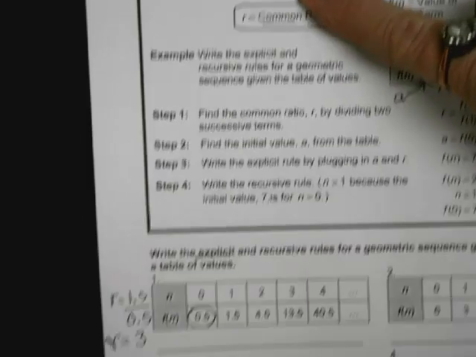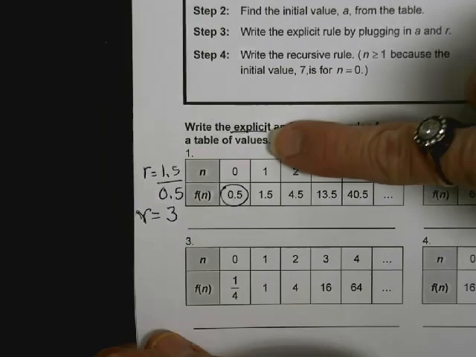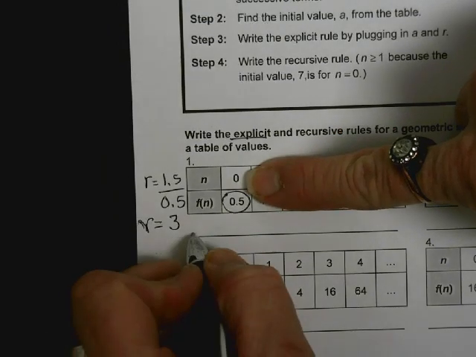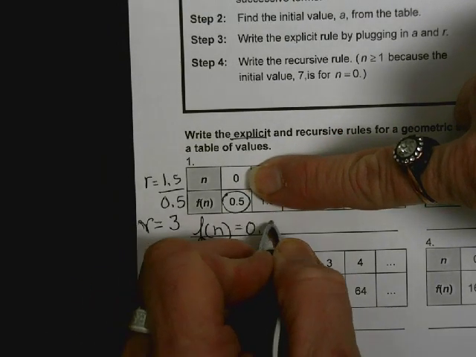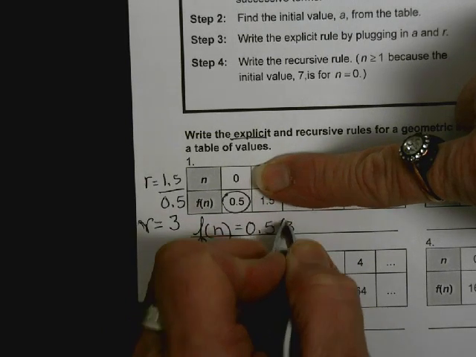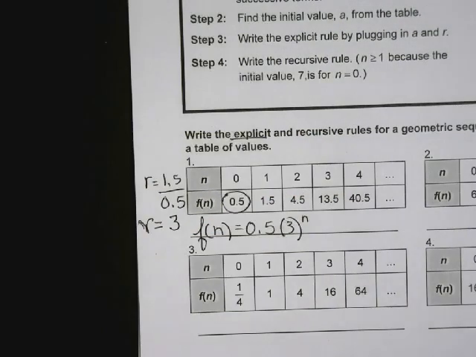So it says explicit first, so I look up here. I'm gonna write my story with my A in the right place and my R in the right place. And since n started with 0, I'm just gonna have an n. Because what's any number to the 0 power? 1.